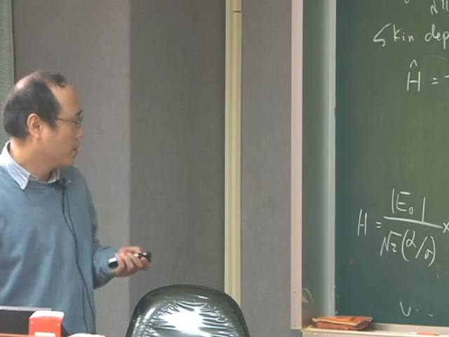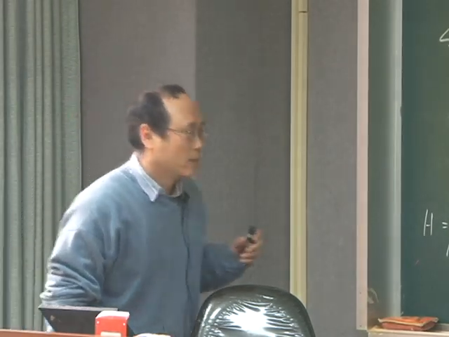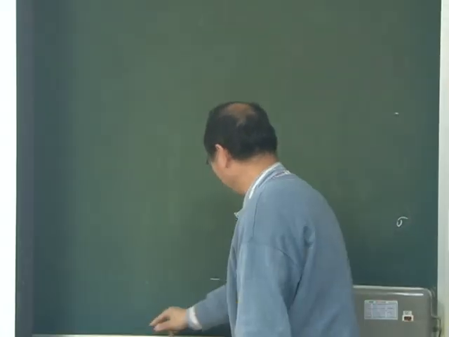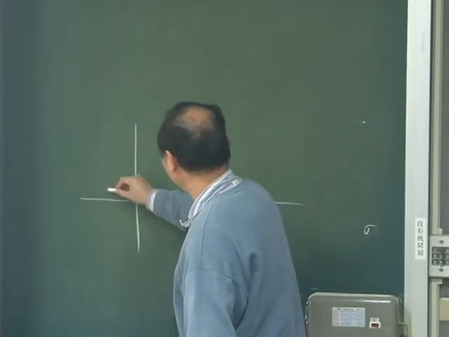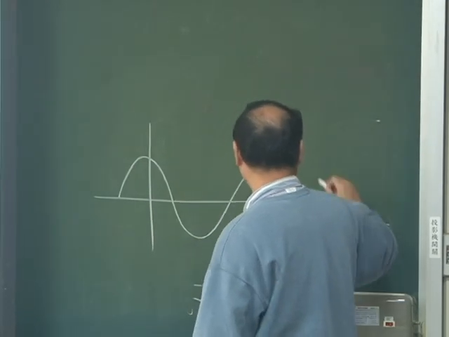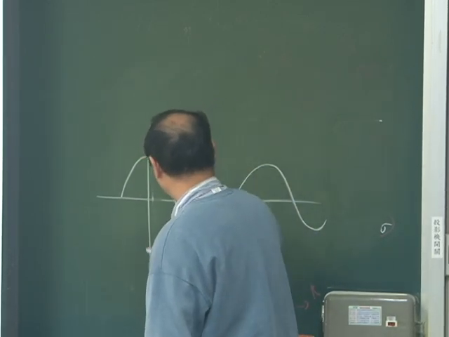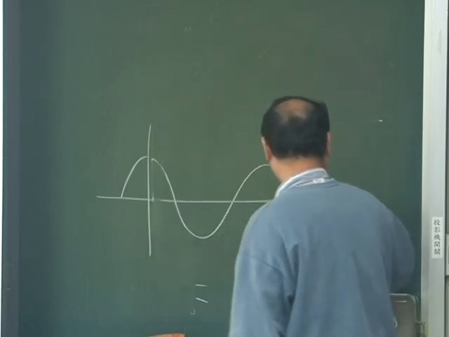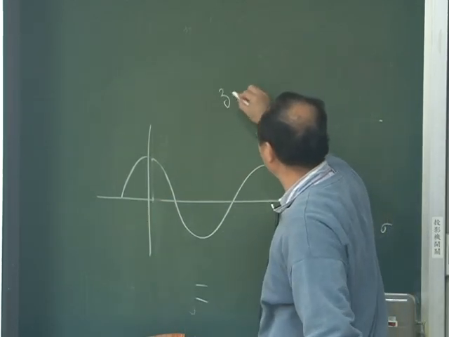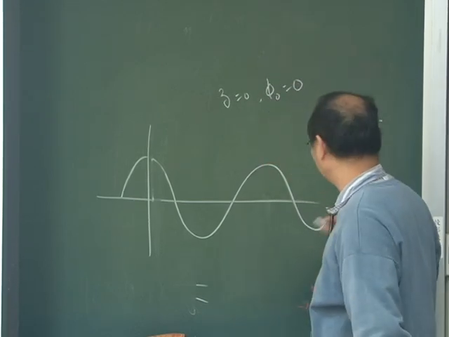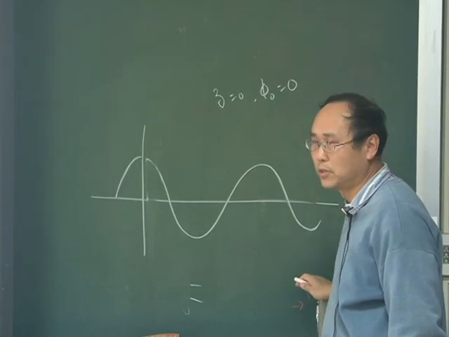所以呢，我如果实际上去画它的这个场的话，say if I have an electric field like this, okay, 在 say at z equal to 0, phi 0 equal to 0. Okay, this is t, for example.